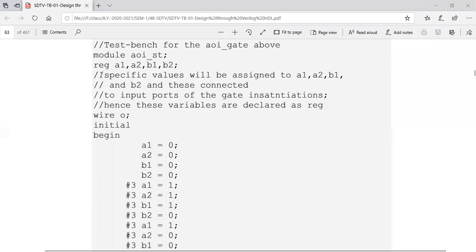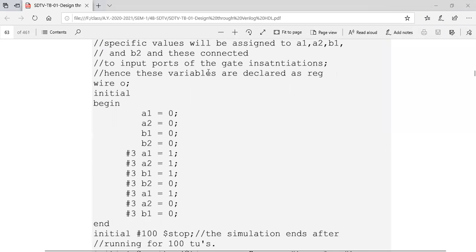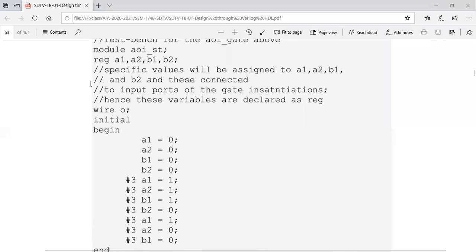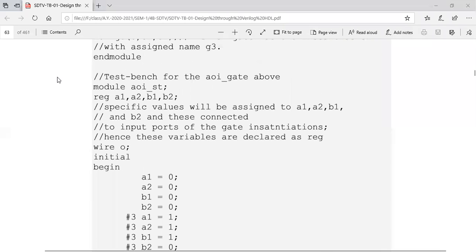Here this is a comment: specific values will be assigned to A1, A2, B1, B2, and these are connected to the input ports of the gate instantiations. For inputs I am using registers, so variables are declared as registers. For the output, I am using a wire.